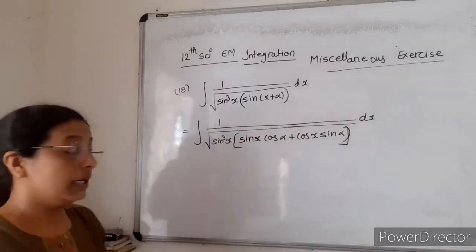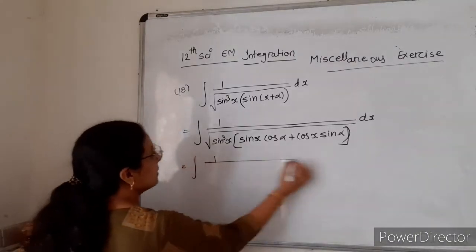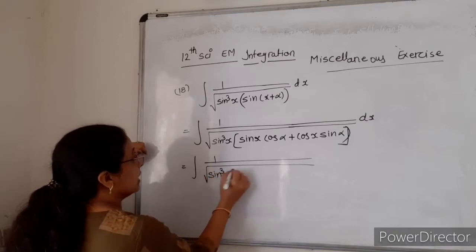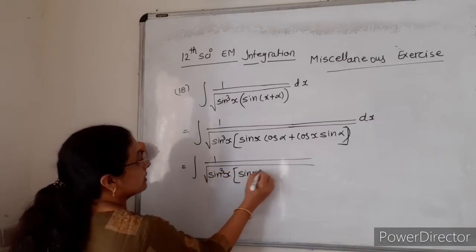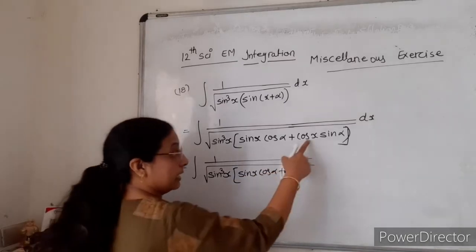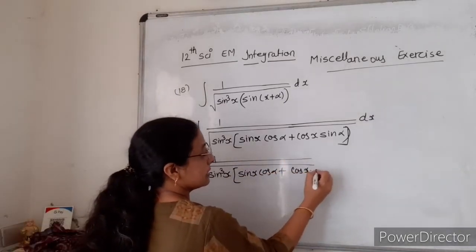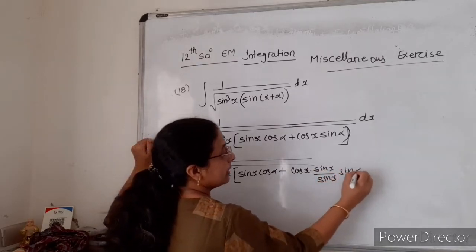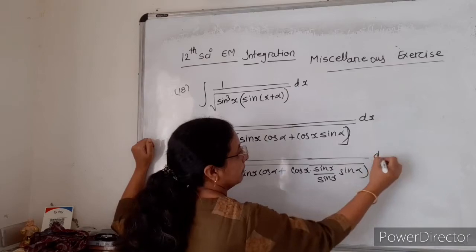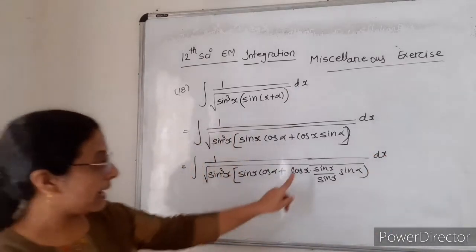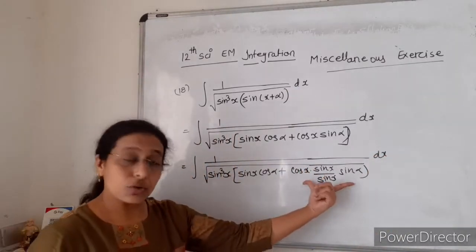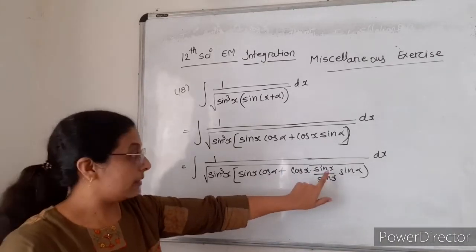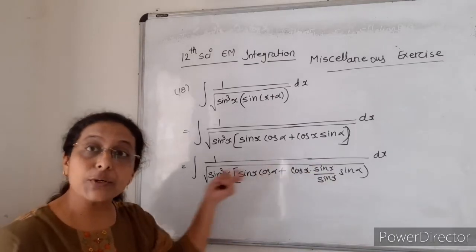Dx. Right? Now, here one thing I will do is, this is sine cube x, sine x cos alpha plus, here it is cos x into, I will multiply and divide this term by sine x, so that this cos x upon sine x will become cot x, and this sine x will take it common.